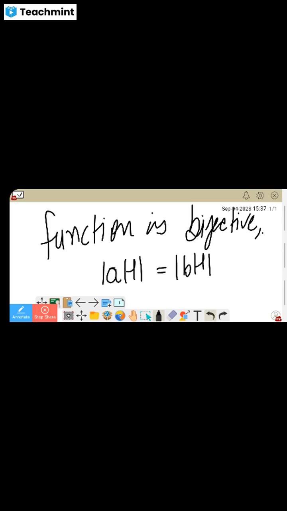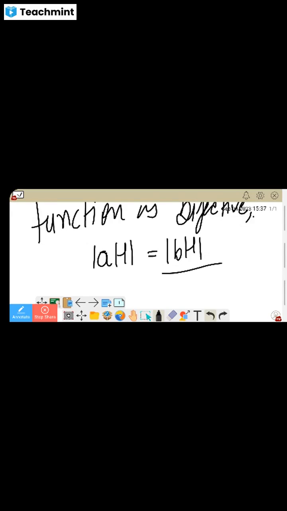Means number of elements in aH is equal to number of elements in bH. You got it? Here we have 9 properties, so we have 2 more because we have just done the 7th one.